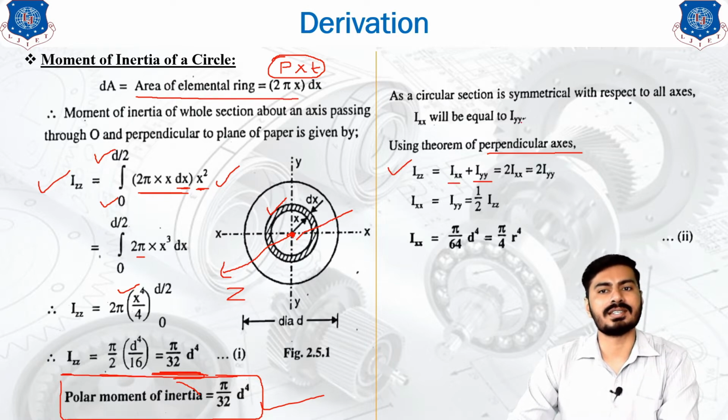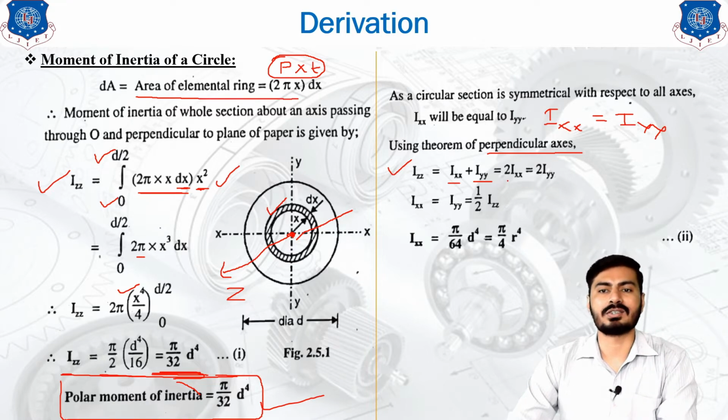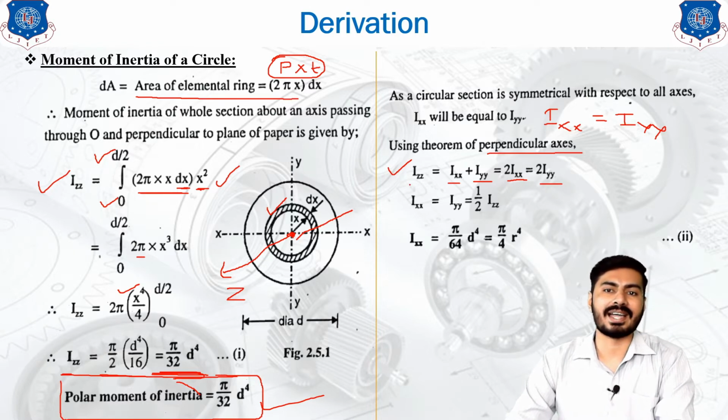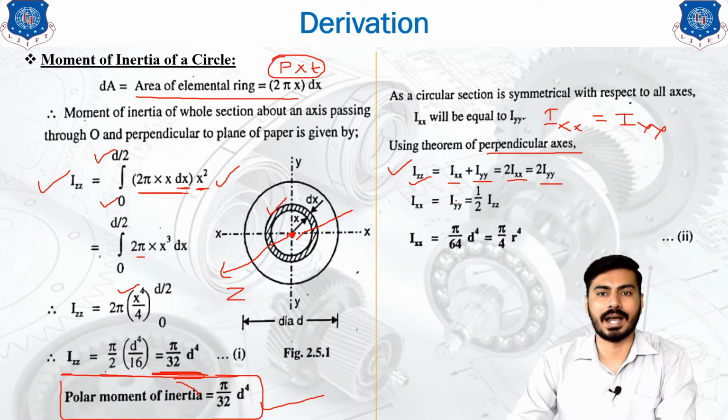As we have already seen, Ixx and Iyy are equal, so we can write it as 2 times Ixx or 2 times Iyy, both are the same. Now we know the value of Izz. What is the value of Izz? It is pi by 32 d raised to 4, which is already derived over here.